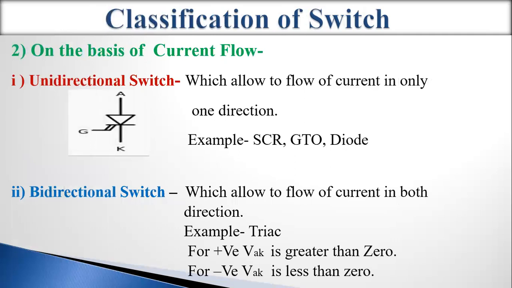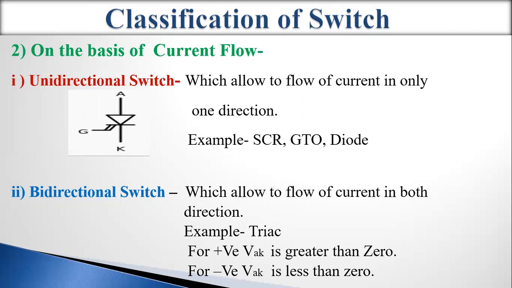On the basis of current flow, switches are defined as unidirectional and bidirectional. A unidirectional switch allows the flow of current in only one direction, for example SCR, GTO, and diode. The second is the bidirectional switch, which allows current to flow in both directions, for example the triac.